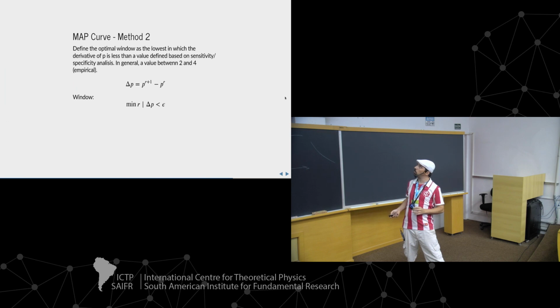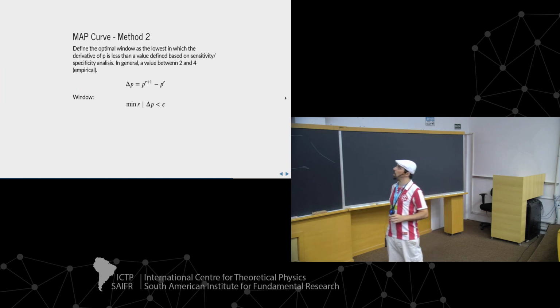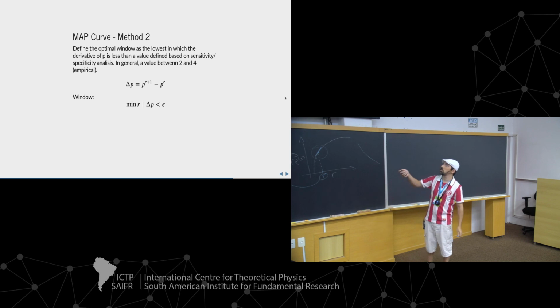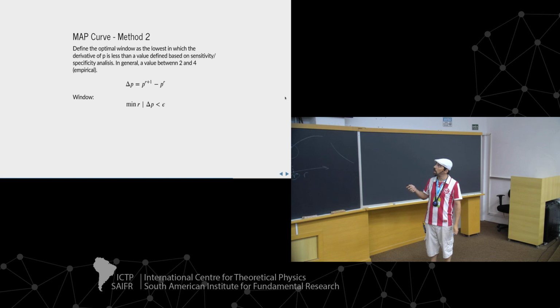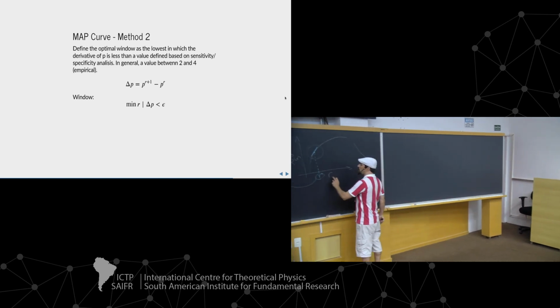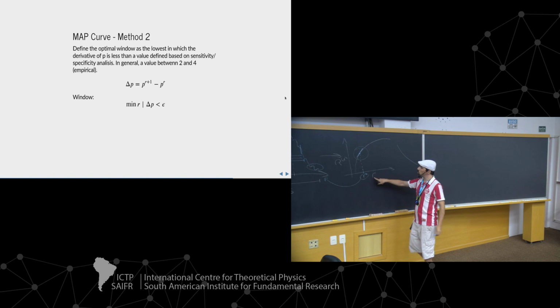Right. So another possibility within the MEM approach is what we discussed in the beginning. I will just establish a threshold for the unit difference of the map curve, and I'll look at what is the smallest window size with a slope that is below that particular threshold.